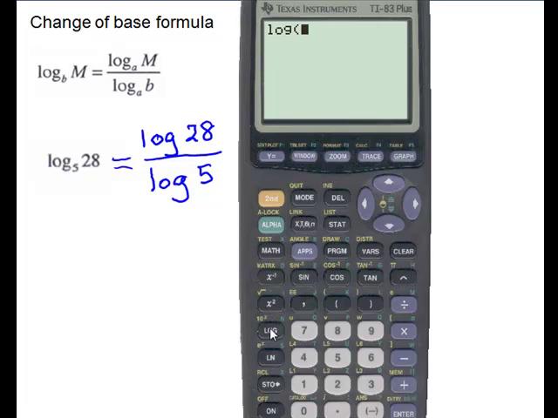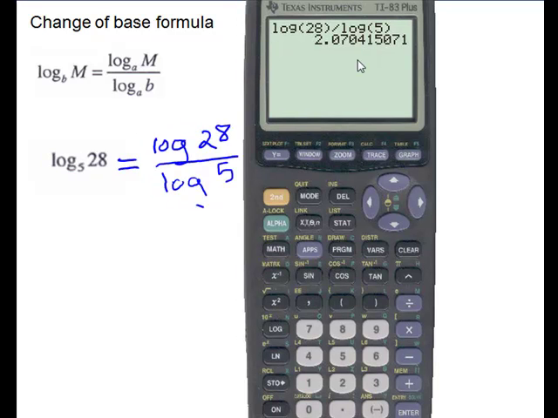So we have the log of 28 close parentheses divided by the log of 5 close parentheses, enter. So I have 2.0704. If they ask me to round to 4 places, that is where I would stop.